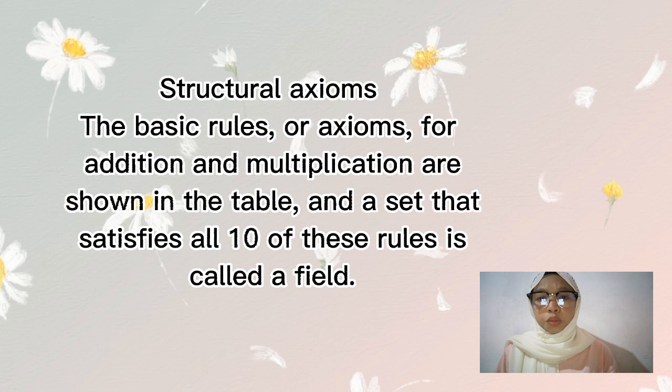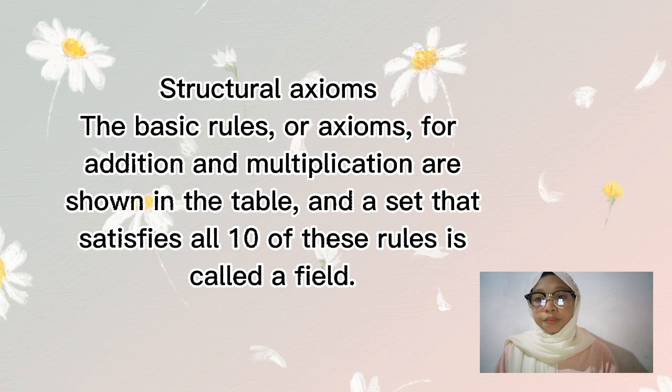When axioms 1 through 9 hold and there are no proper divisors of 0, that is, whenever ab is equal to 0, either a is equal to 0 or b is equal to 0, the set is called an integral domain.